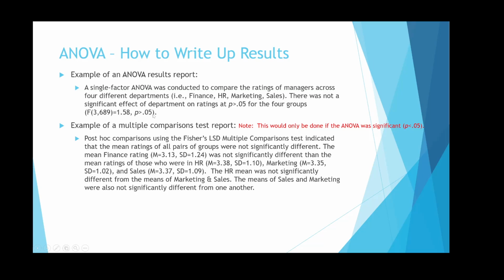For a multiple comparisons test report, you're going to write something like, post-hoc comparisons using Fisher's LSD multiple comparison test indicated blah, blah, blah. As you write out which groups were different or were not different, you are going to list those groups' means and standard deviations.